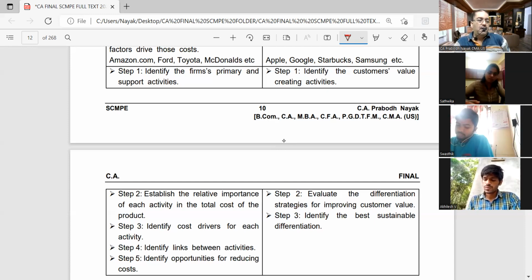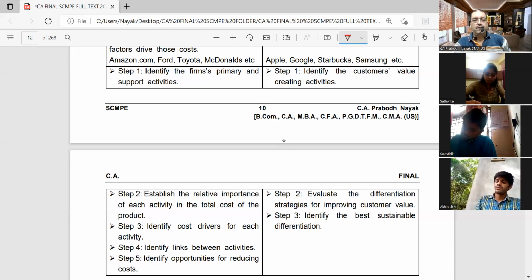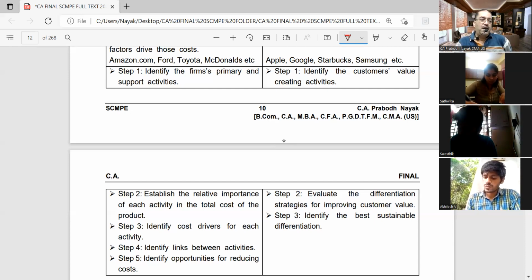Below that, right? Only by understanding which factors drive the cost, managers can focus on improving them.